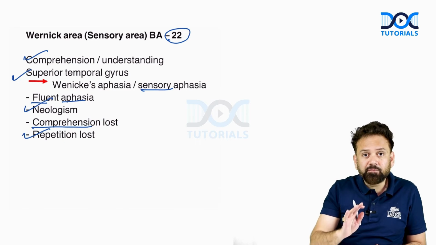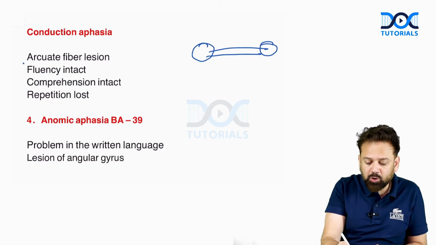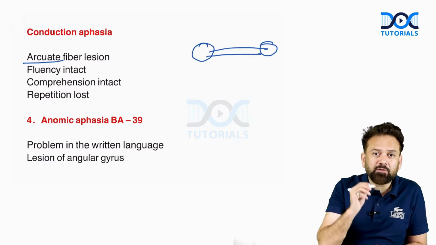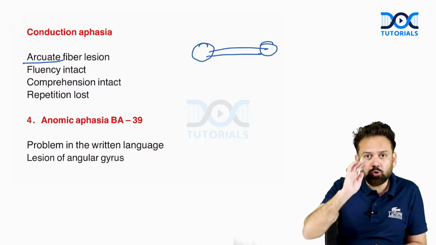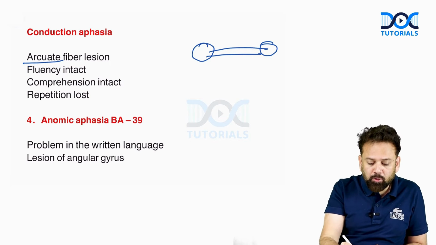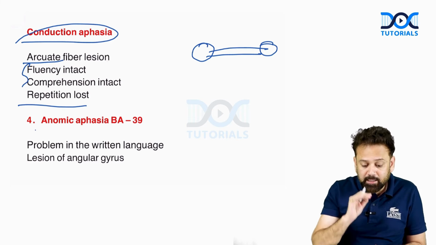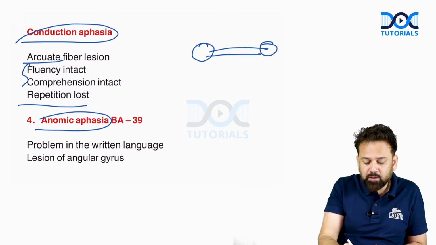And Broca's area and Wernicke's area are connected by arcuate fiber. If there is a lesion of arcuate fiber, word formation good, fluency good, understanding good, only repetition is lost. It is called conduction aphasia. In case of anomic aphasia, there is problem only in the written language.